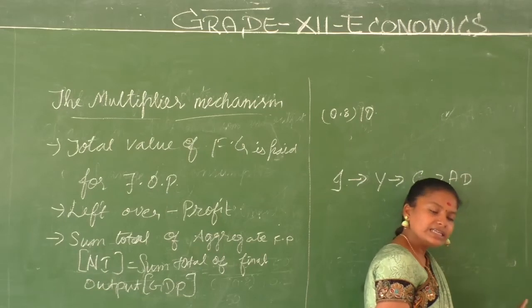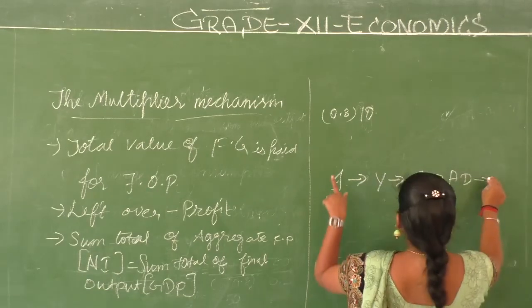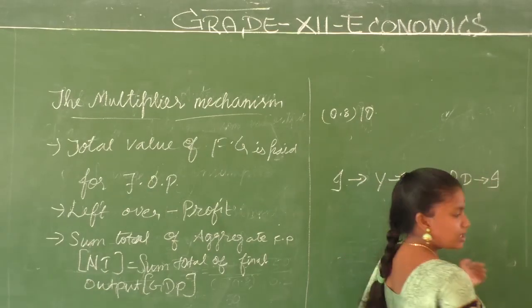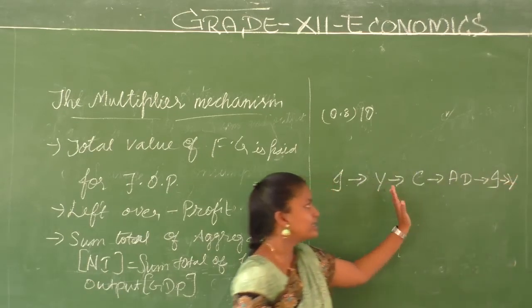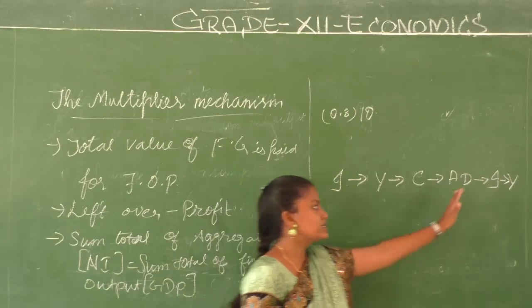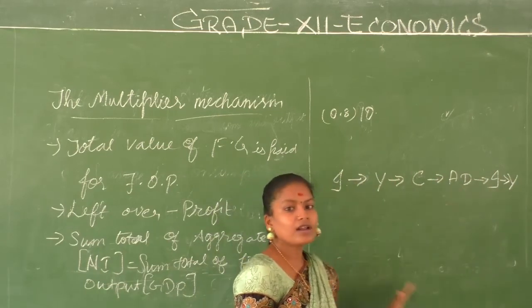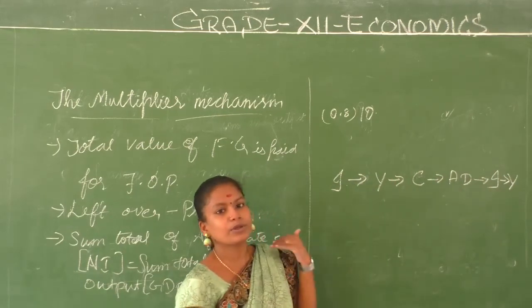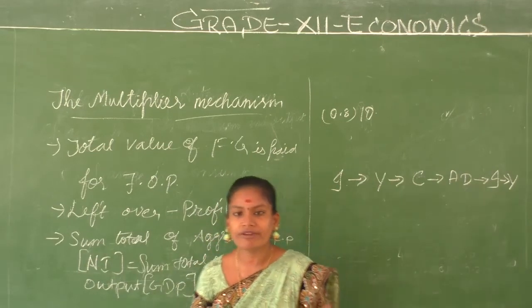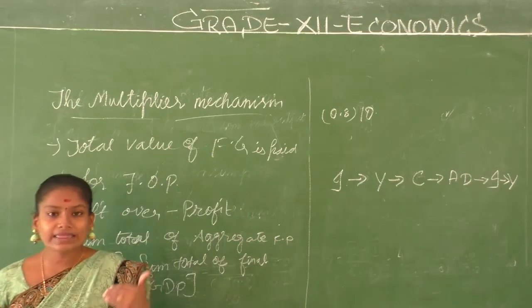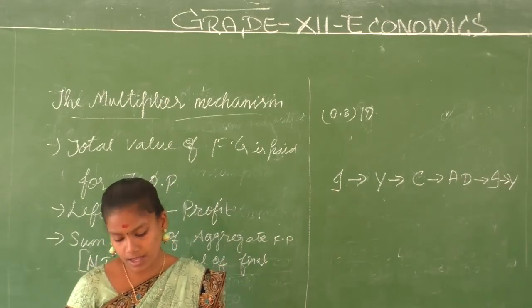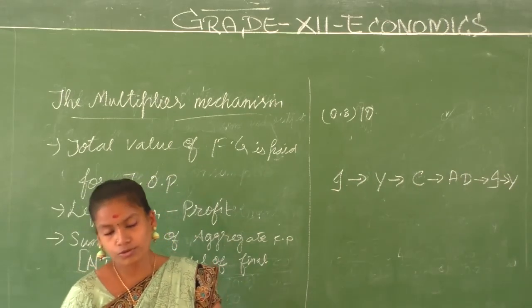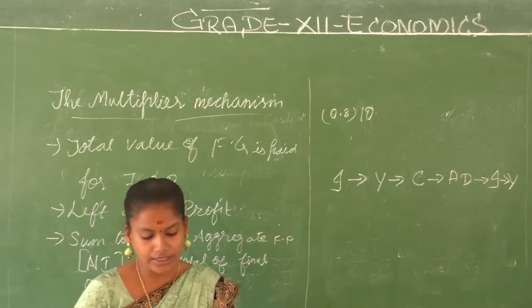When demand increases, they have to produce more, so again investment will increase, and again income and consumption will increase. So it goes round after round, and each time the producer should go for more investment, more production, to meet the excess demand.